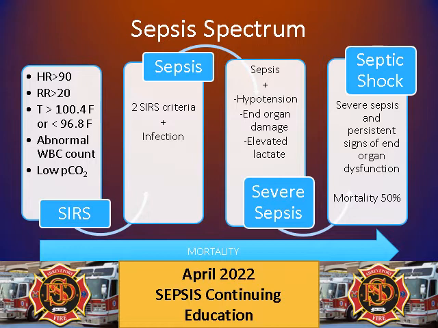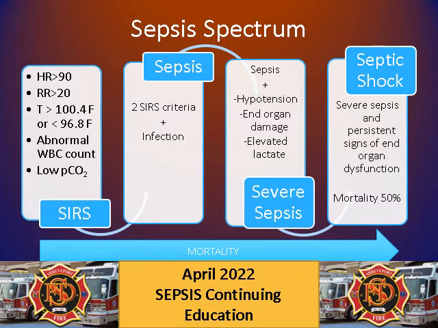So if you have 2 SIRS criteria plus an obvious infection, their urine looks like chunky potatoes, they're having purulent diarrhea, a wound looks very nasty, hot, erythematous, with purulence coming out of it, or they have a really junky cough, a really bad fever, and they're a neutropenic patient or a sickle cell patient, we know these patients are probably just a knock away from opening the door to sepsis, and that being said, severe sepsis.